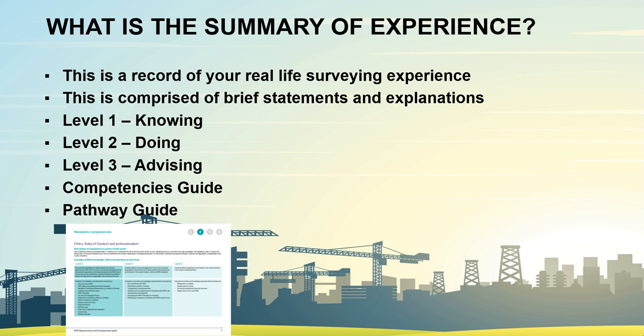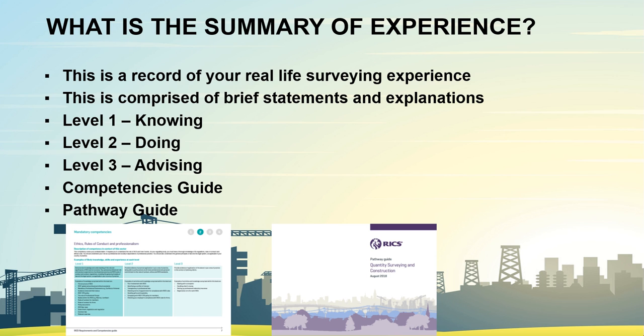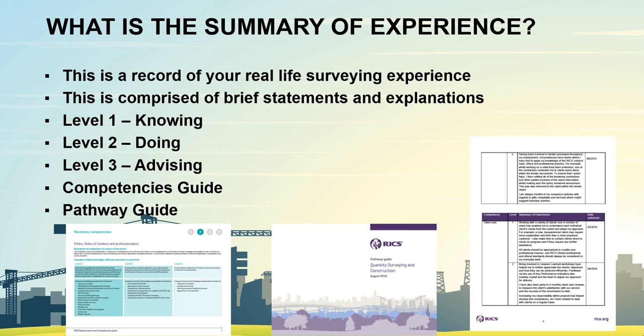Before you start populating the submission documentation, I'd really recommend printing out each of the competency guides and pathway guides that is specific to your discipline. Within these guides, it clearly sets out all of the different competencies that need to be achieved, and it goes one step further in that it also details out examples of what you can refer to for each competency.